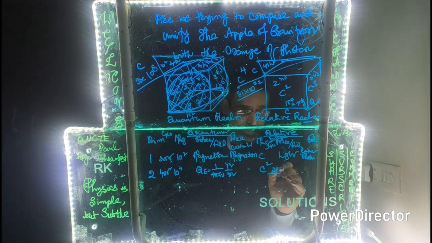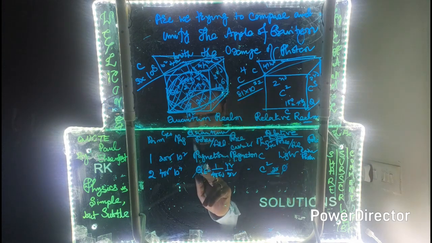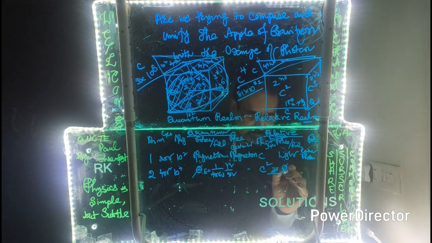light. And here the equivalent force was, let's say, flux of gravity. Let us say flux of gravity was 1 by 4 pi r squared into 119.